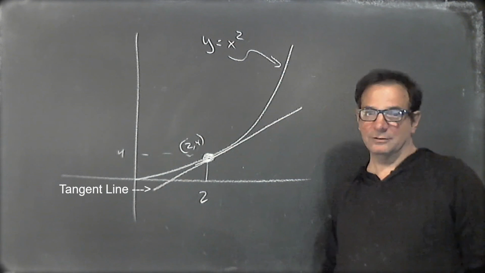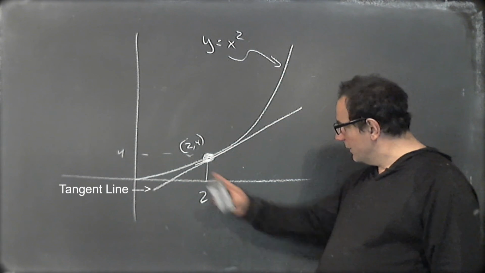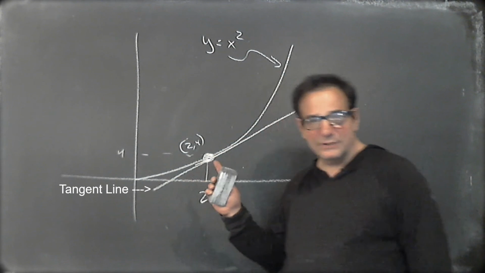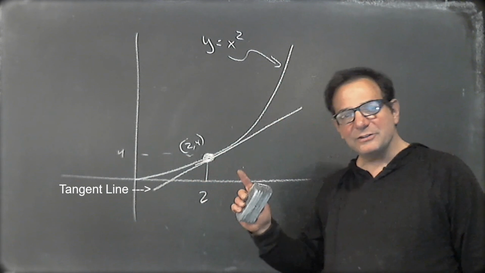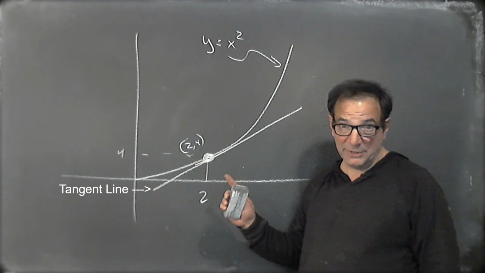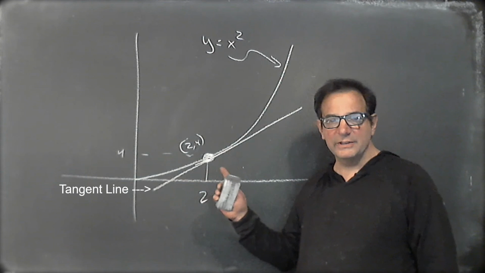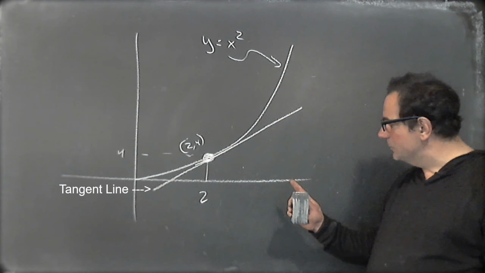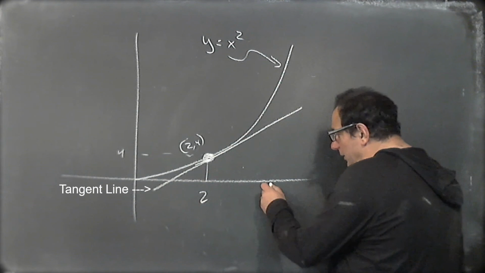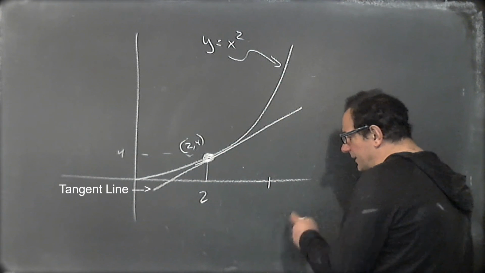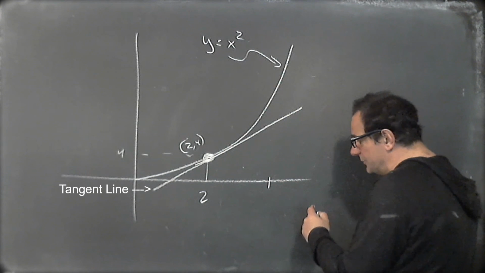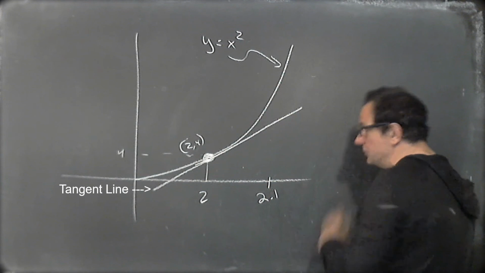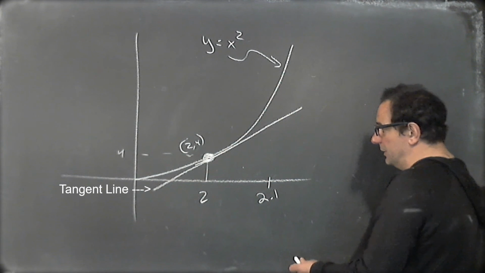Or did it? In order to try to get the slope of this line, we're going to ask a neighbor, a point close to this line. So perhaps I can interview a point generated by picking a point really close to 2. How about 2.1? That's a point which is really close to 2.